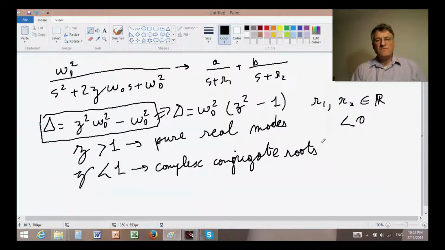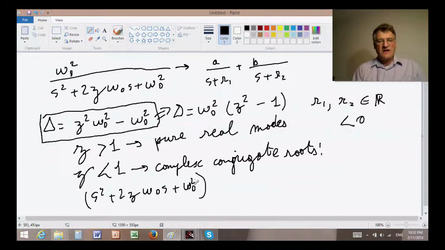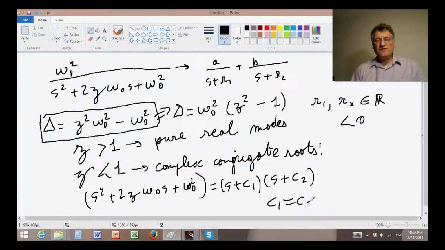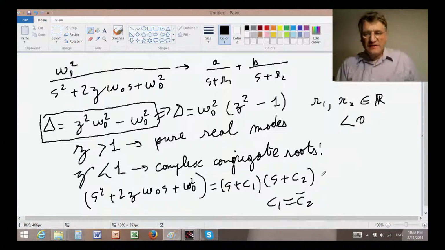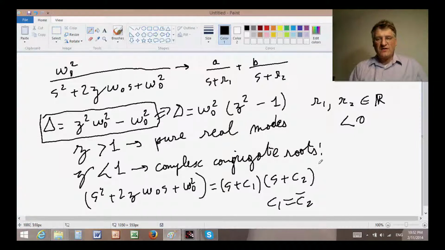roots, okay, which means that instead of writing s squared plus 2 zeta omega 0 s plus omega 0 squared, we're going to write it as s plus c1 times s plus c2, where c1 is equal to c2 bar, and therefore complex conjugate roots, okay.